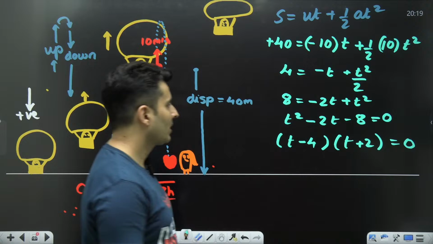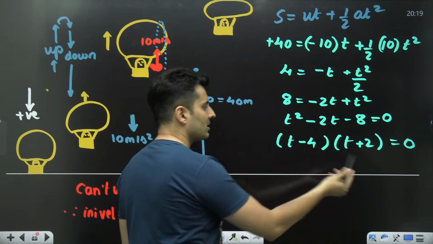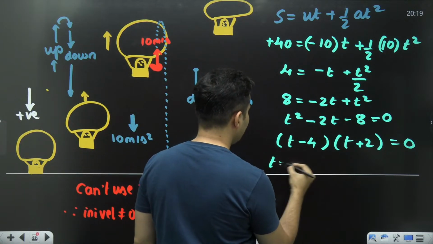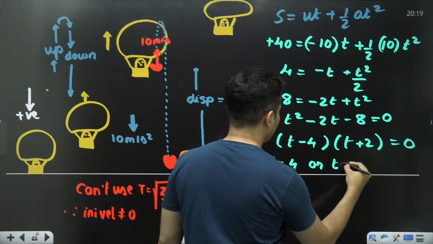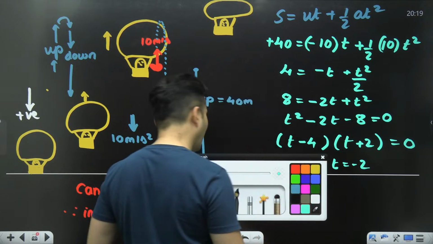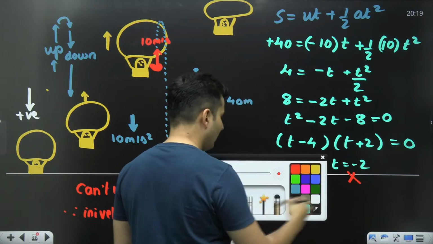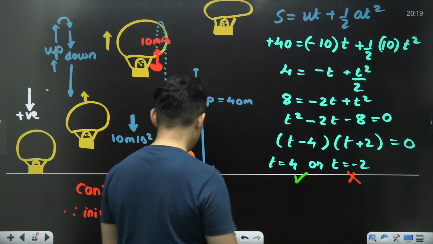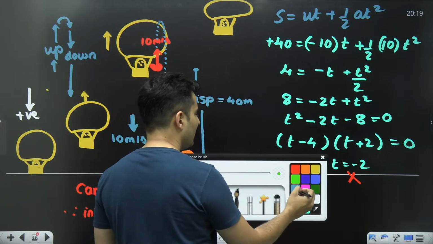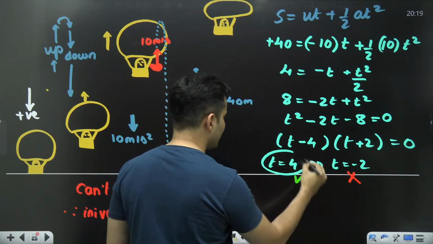Is that right? These are the factors. So hence t is equal to 4 or t is equal to minus 2. But obviously time can't be negative. How can it be negative? Hence the only acceptable solution is the positive value. Hence the time is basically 4 seconds.